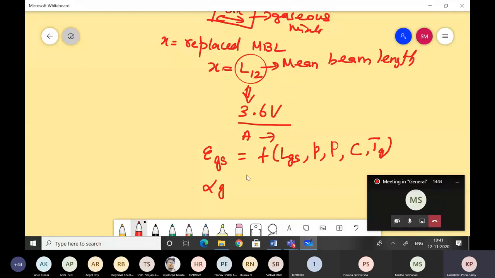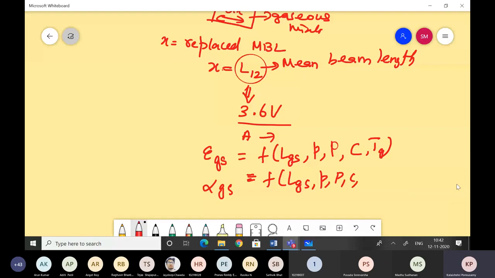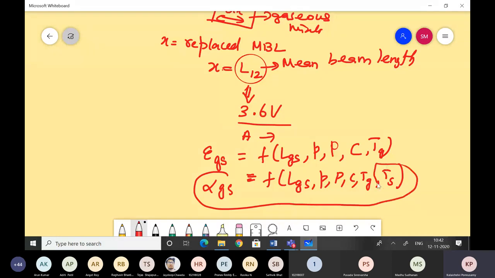Whereas the absorptivity of the gas, gas to the surface, is generally a function of all these parameters: partial pressure, total pressure, concentration, gas temperature, and also the surface temperature. This you have to remember when you do your calculations.